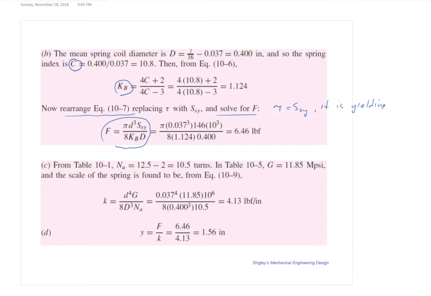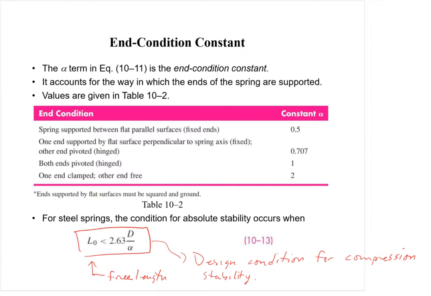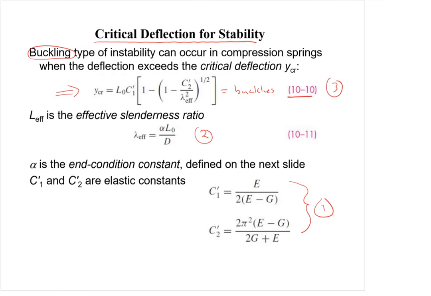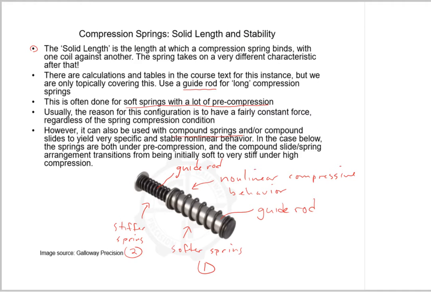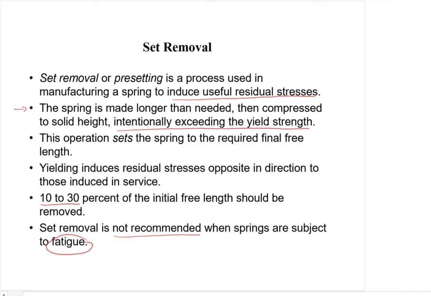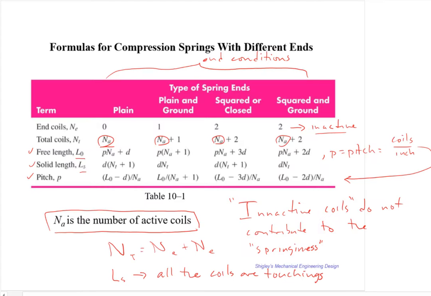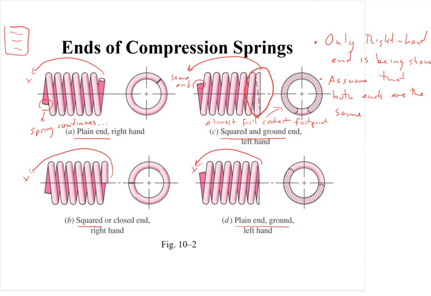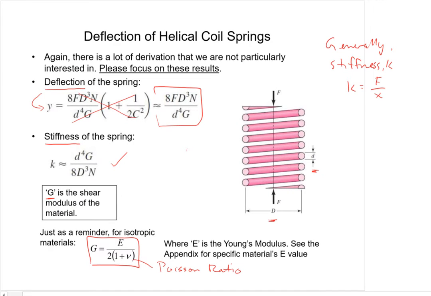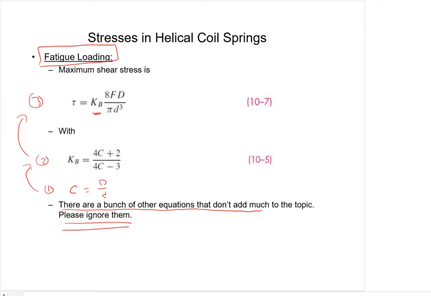Let's look back at equation 10.7 just to orient ourselves. I'm going to go back a couple slides here, several slides. Trying to find equation 10.7 here. There it is. Okay, so this is what they're looking at here.